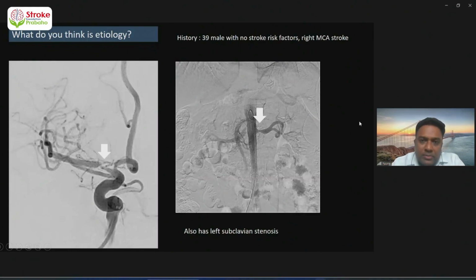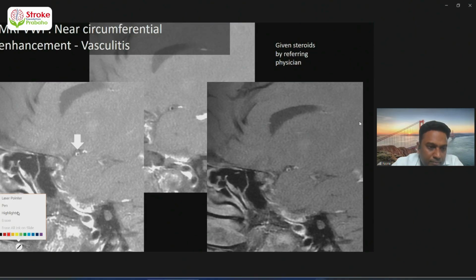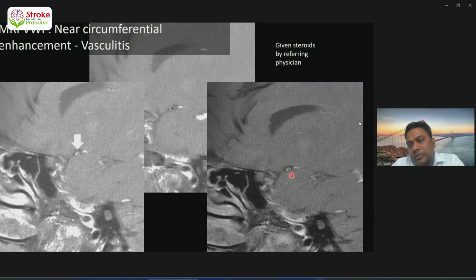So this patient underwent a vessel wall MRI elsewhere, where it was reported as near concentric enhancement. If you look at this one here, they mentioned that it's a 3/4 sort of circumferential enhancement, and they decided it is vasculitis, and this patient was started on steroids.